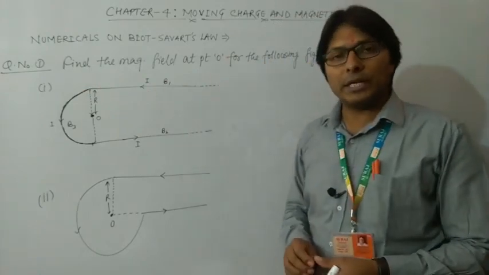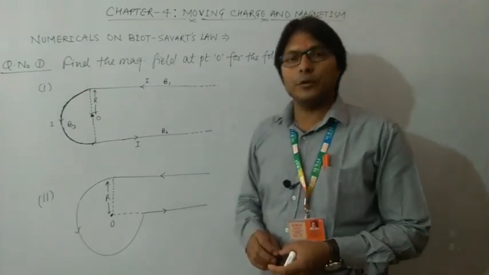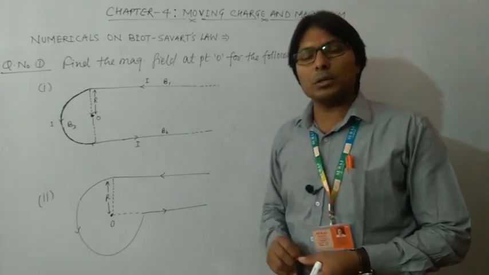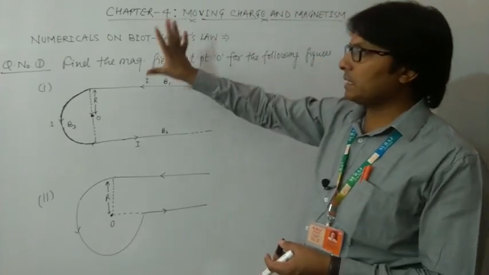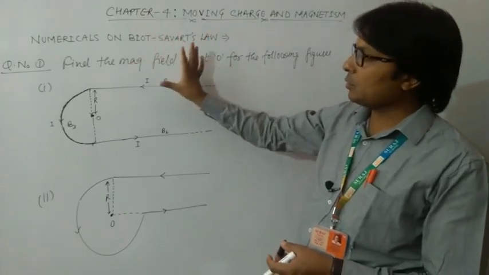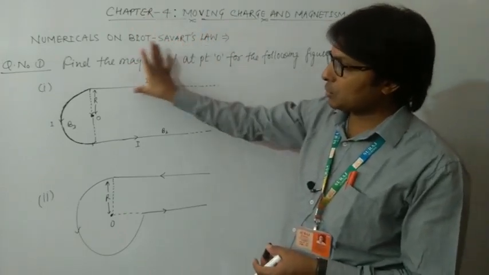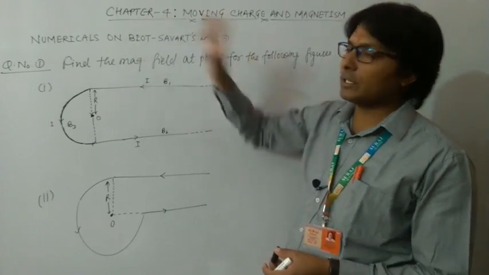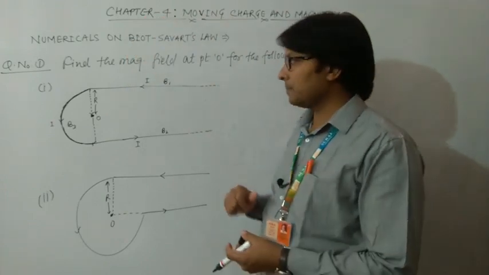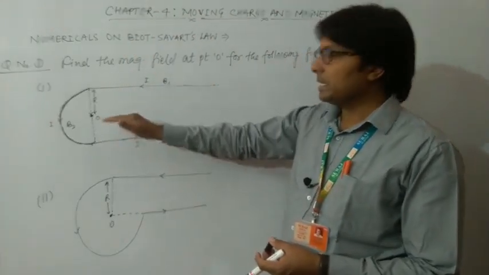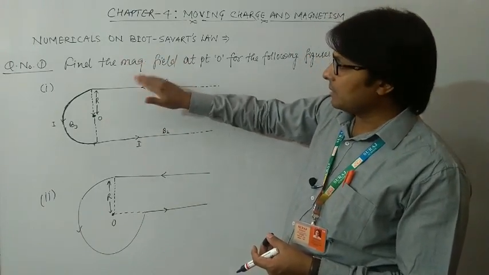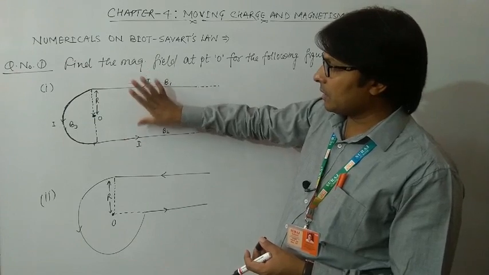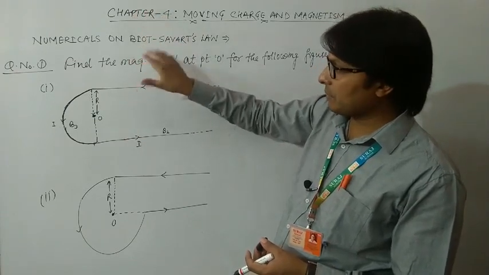So for finding the direction of magnetic field, we use the right hand thumb rule. According to the right hand thumb rule, we hold the conductor in our right hand such that the direction of our thumb represents the direction of current, then the bent fingers will represent the direction of magnetic field. Since point O is in the lower part of this wire, then if it were in the upper part of this wire, the magnetic field would be inward.